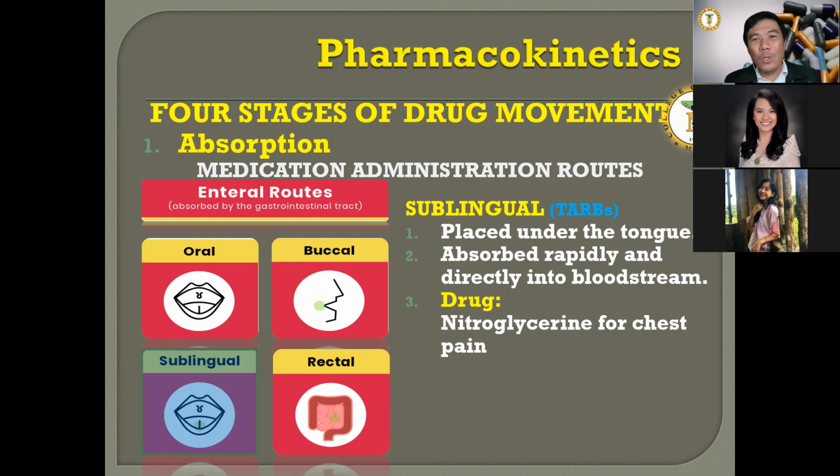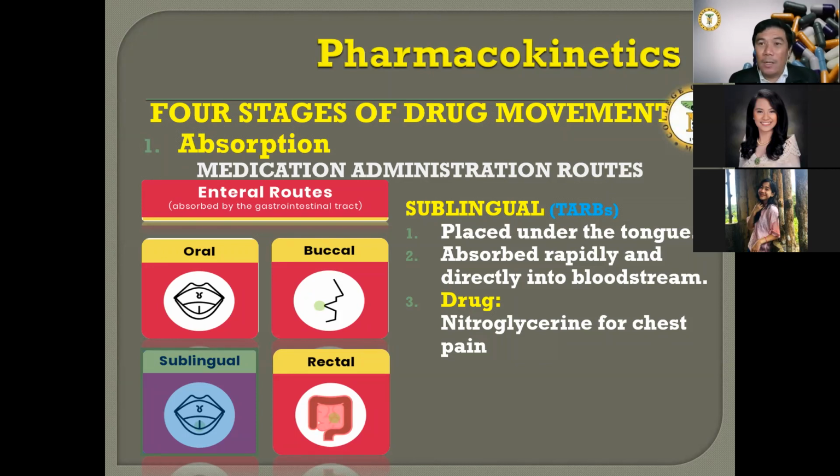Once it talks about absorbs rapidly on enteral route, we have sublingual. Usually, the ARBS, AR means absorbs rapidly. The BS is usually the drug is direct to bloodstream. So that's why TARBs: under the tongue, AR, absorbs rapidly, BS, direct to bloodstream.